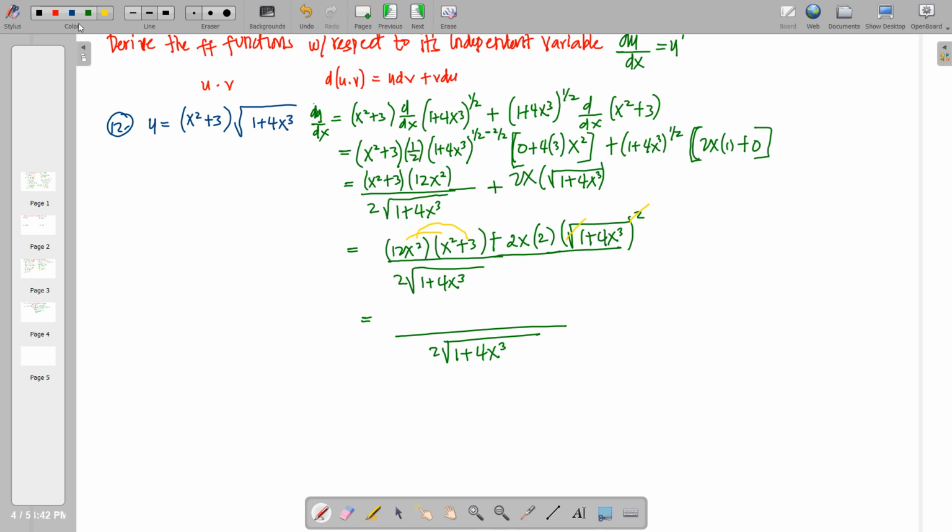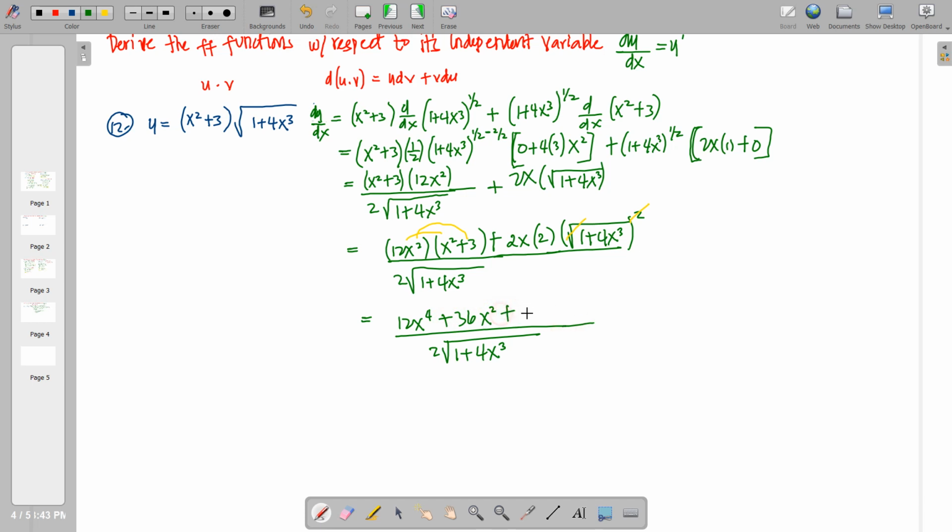So doing that, we have 12x raised to the fourth, and then plus 36x squared. Okay.